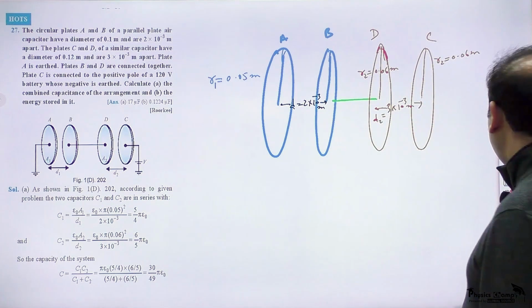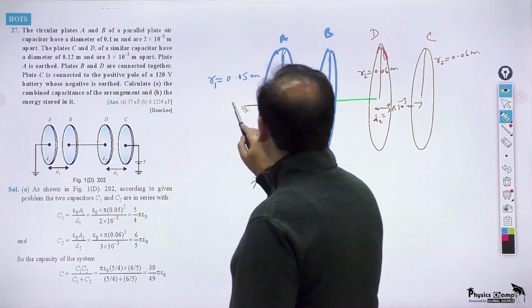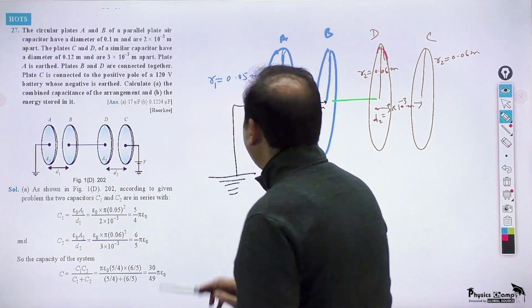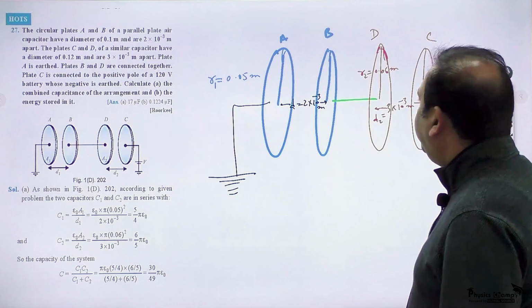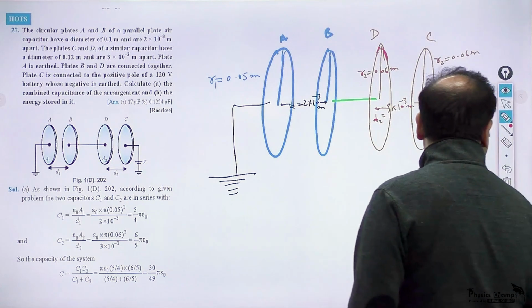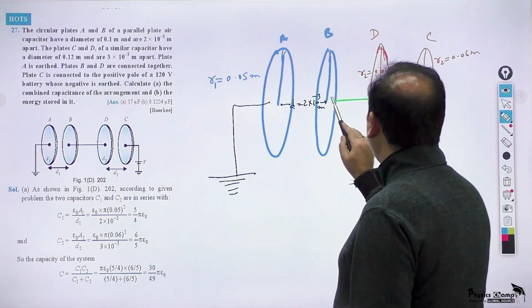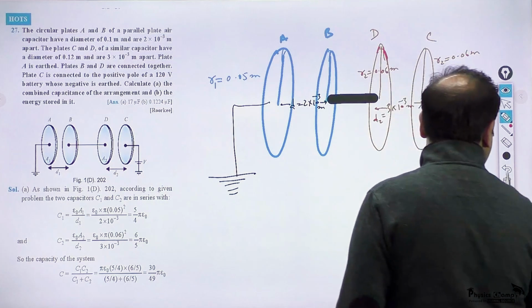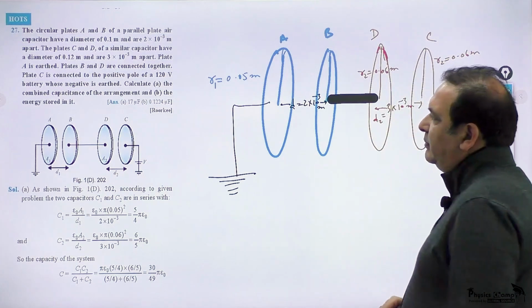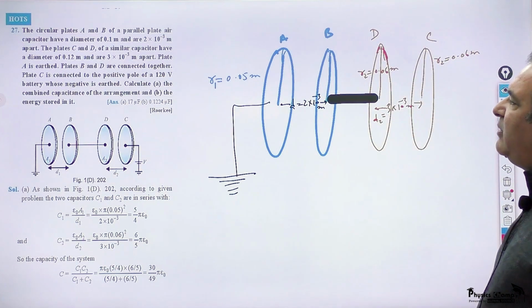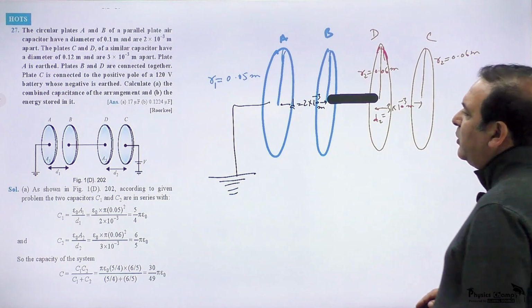Plate A is earthed. So here plate A has a potential 0. Plate B and D are connected to each other, as you have seen. Plate C is connected to the positive pole of 120 volt.